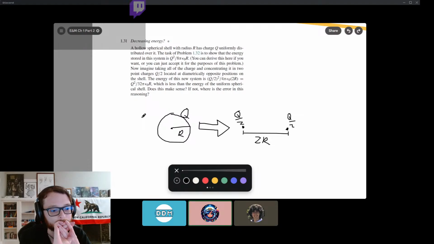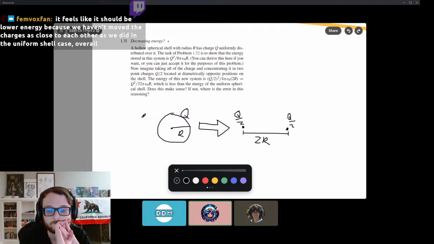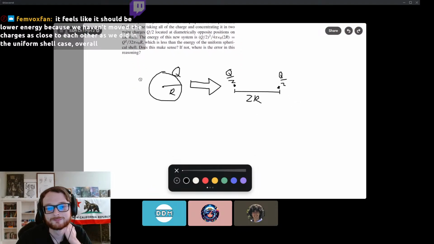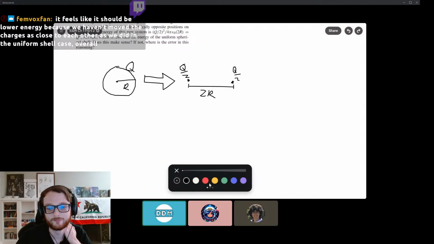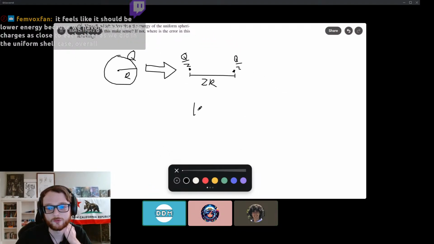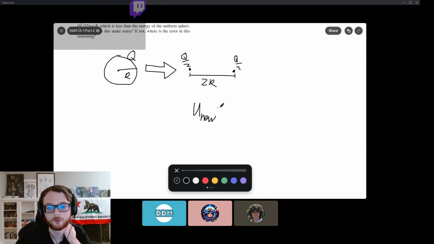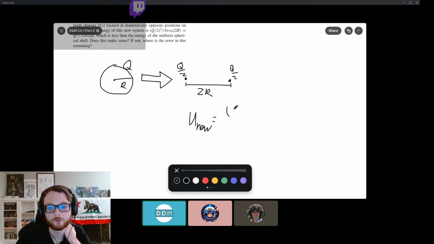Do we trust their new energy calculation, the energy of the new system? They say we can trust their first one. They don't say we can trust their second one. True. That should be easy to calculate, though, right? Yeah. Because it's just U new. It's Q times Q, which are both Q over 2, so K over 2R.